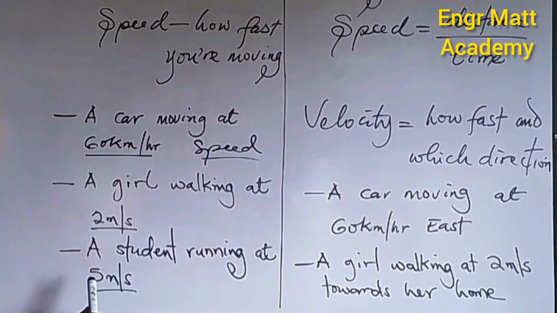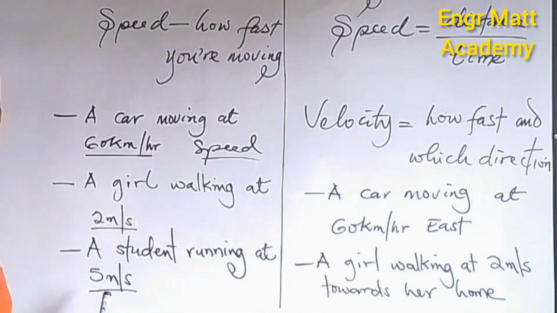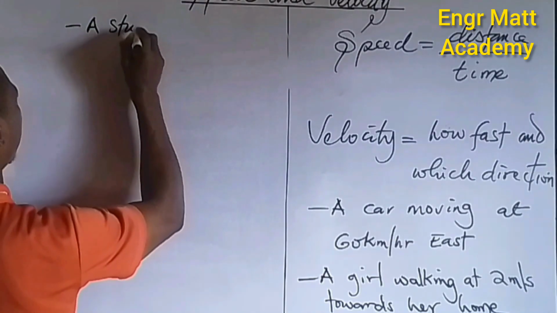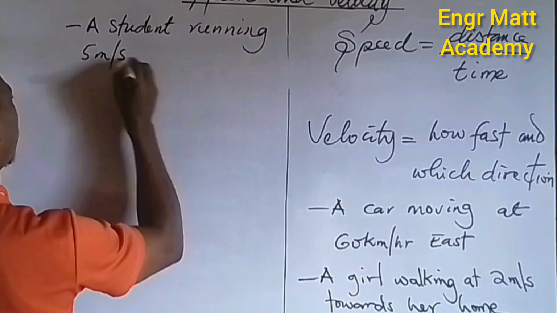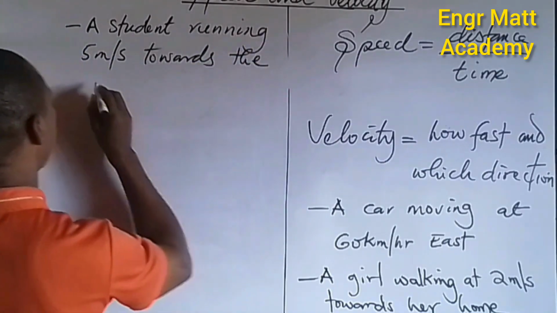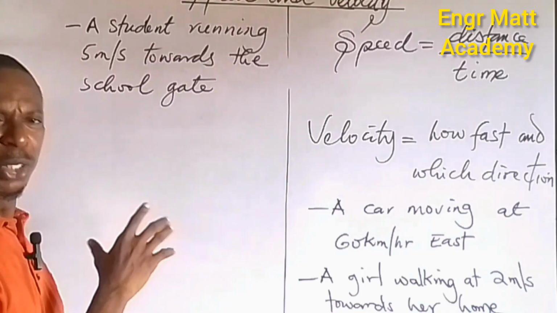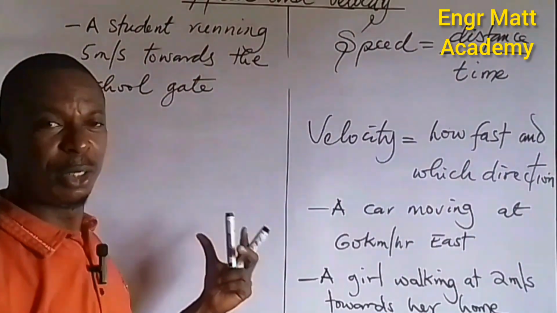And the third instance, a student running at 5 meters per second has no velocity. But if we say a student running 5 meters per second towards the school gate, that is velocity, because we can now see the direction of movement. Can you see the difference now?